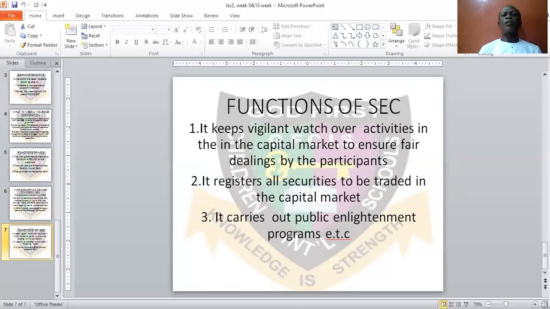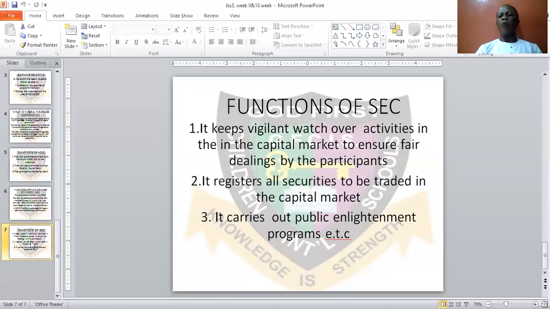When we are talking about public enlightenment, we are talking about how people can be advised or trained, to let them know how to go along with the capital markets.